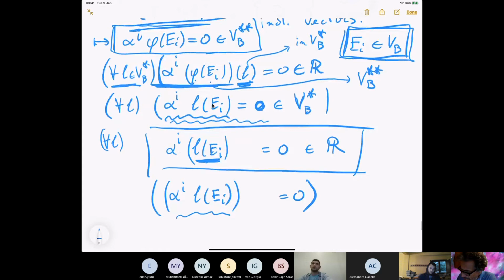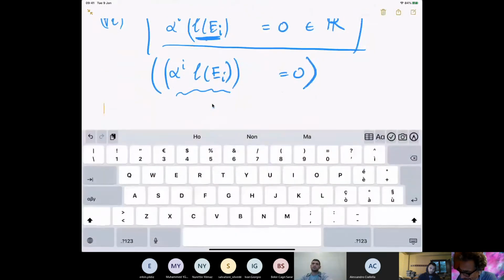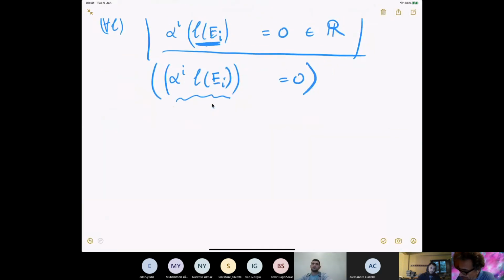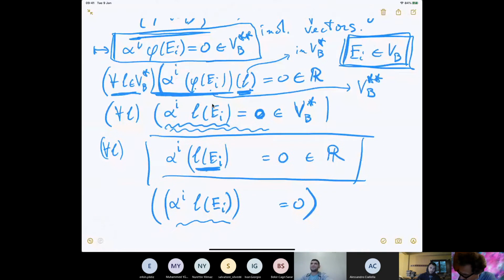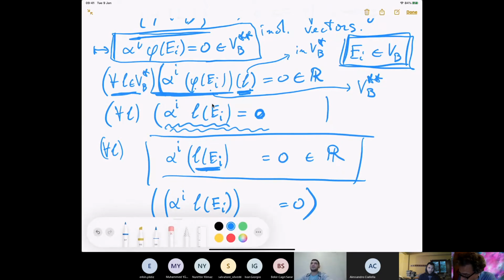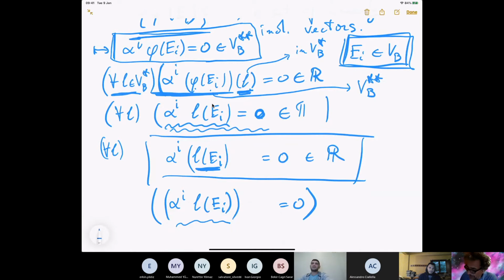So for every L, this is a real number. So I was wrong. There was a chain reaction, and this is obviously a real number. This is what I wrote here at the end.